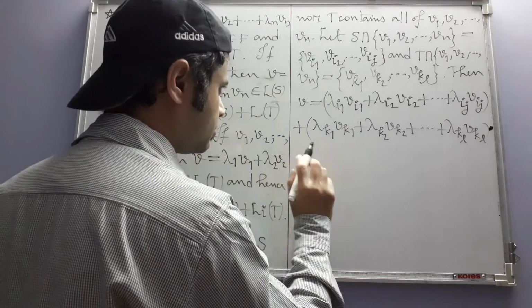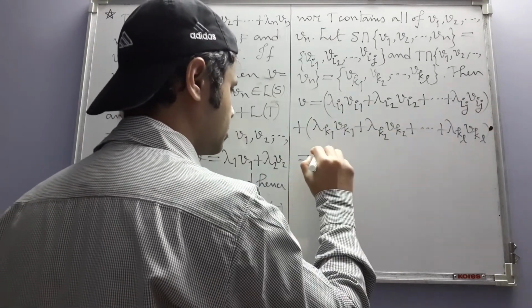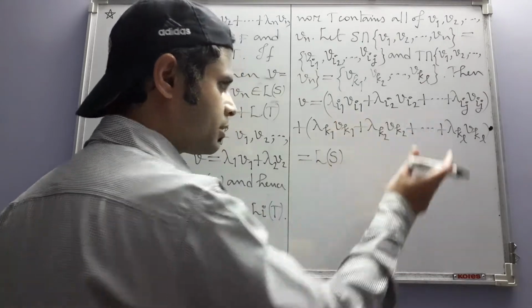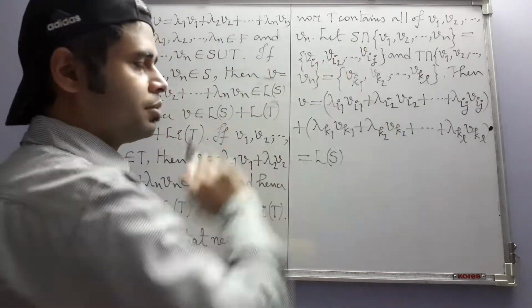Clearly, this linear combination belongs to the linear span of S, because the vectors involved here are coming from S.